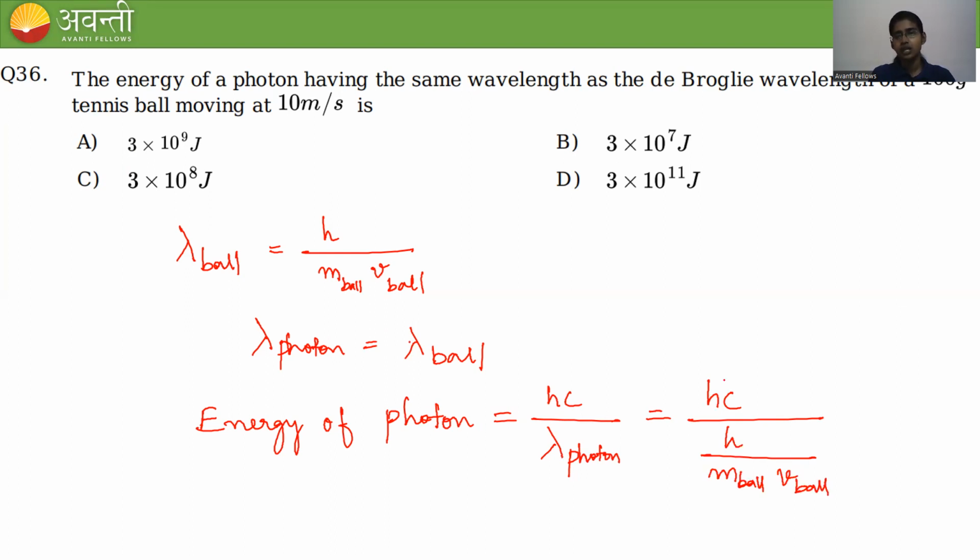So what happens? h gets cancelled, and mv goes to the numerator. So it is m, c, and v of the ball.